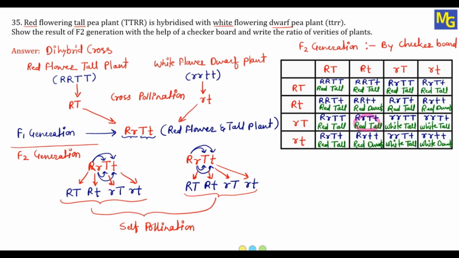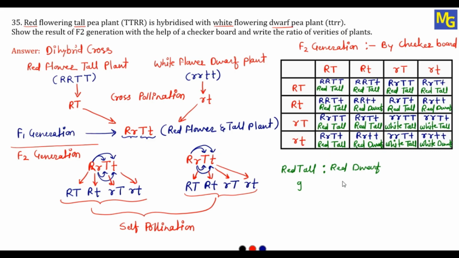So we will write here red tall, we have 9. Then the next, now we will see red dwarf. So calculate first how many red dwarf. Here there is a red dwarf 1, here there is a 2, and this is 3. So write down 3 here.